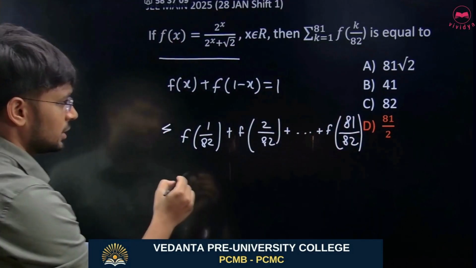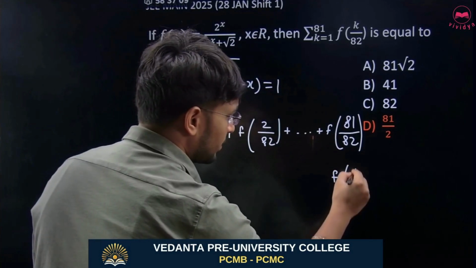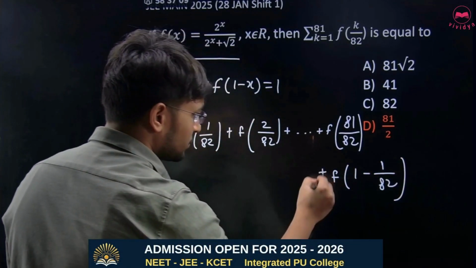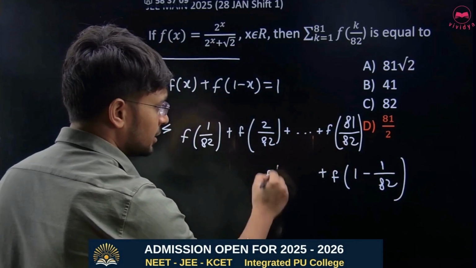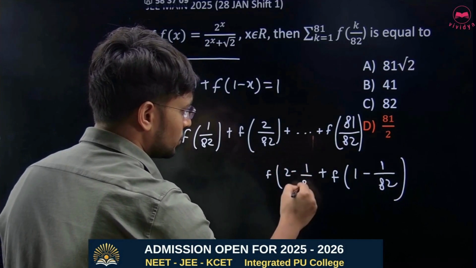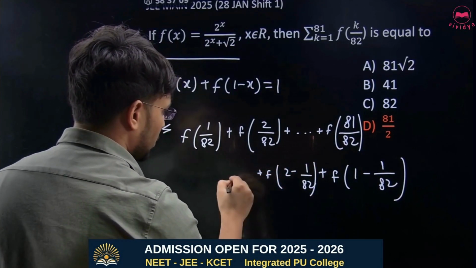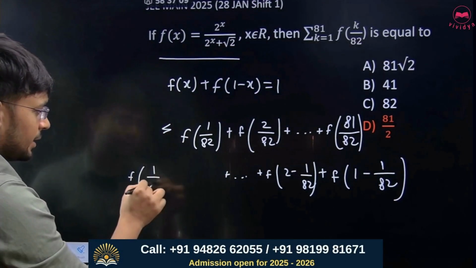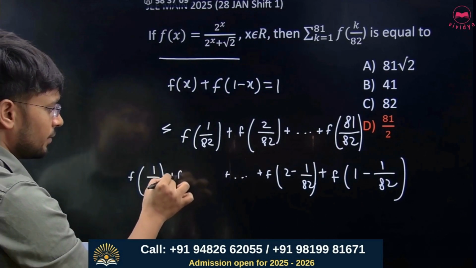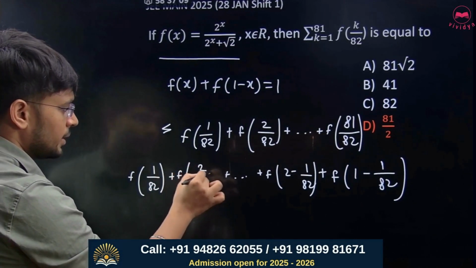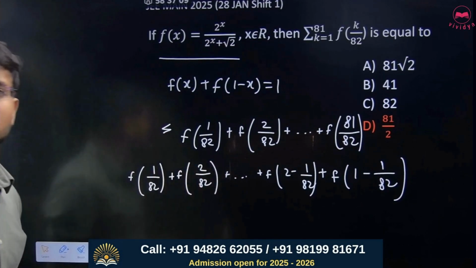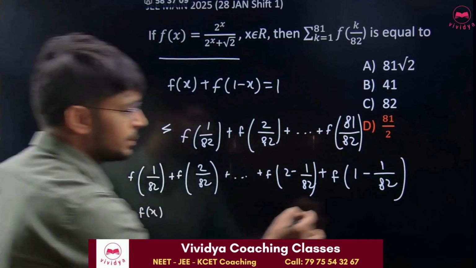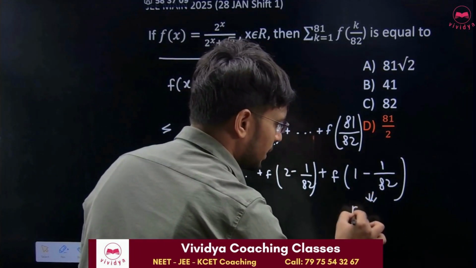And if I notice here, 81 by 82 can be written as 1 minus 1 by 82. The previous one just before this can be written as 1 minus 2 by 82, and so on. If you notice this, f of 1 by 82 plus f of 81 by 82, if I replace 1 by 82 as x, is making a pair of 1 minus x.